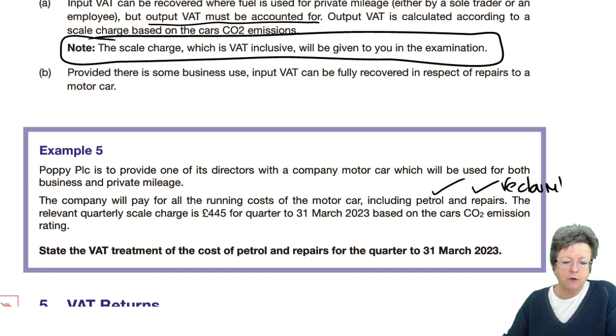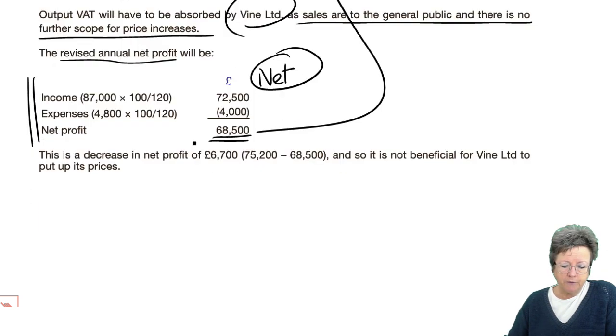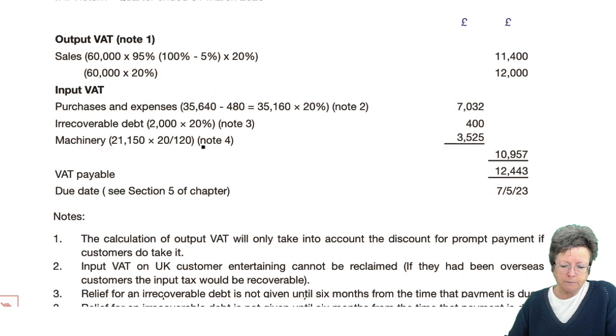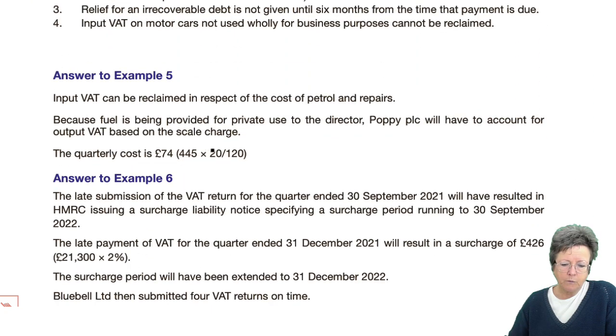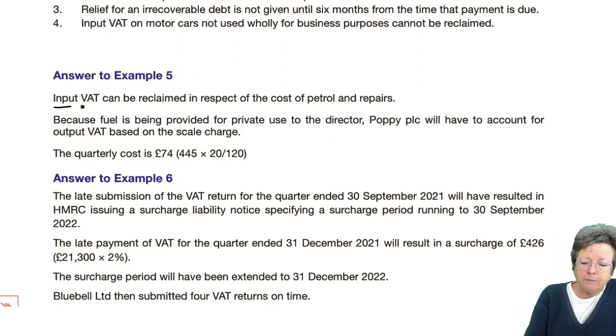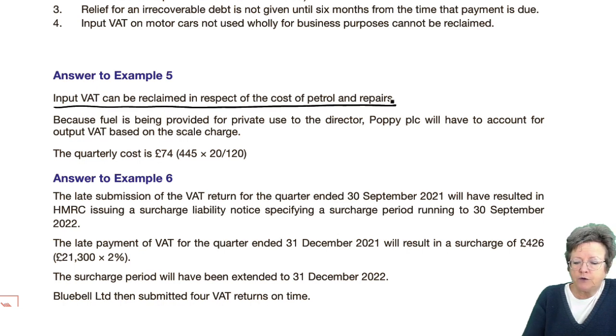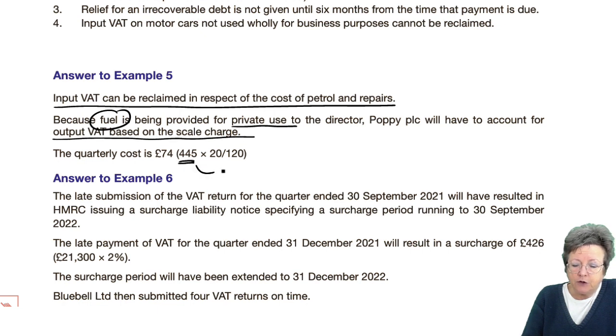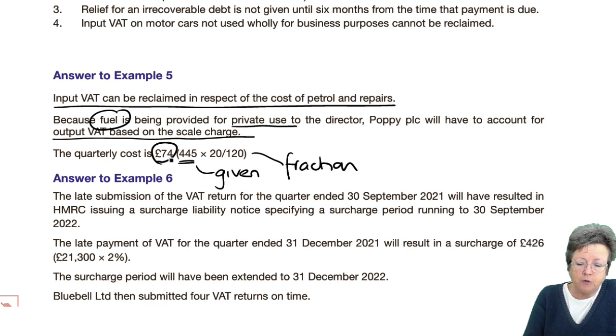Okay, let's have a look at example number 5 then. So input VAT can be reclaimed, as we've just stated. Now, the fuel provided for private use, they have to account for the output VAT based on the scale charge. That was the figure given to you, and that is the fraction that you need to use. So the quarterly cost is £74.